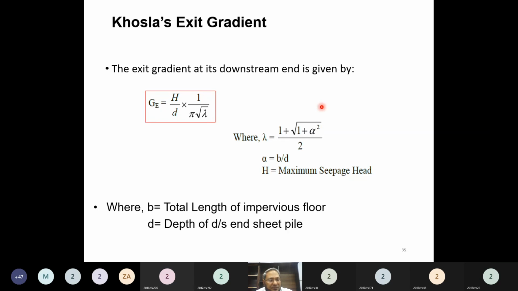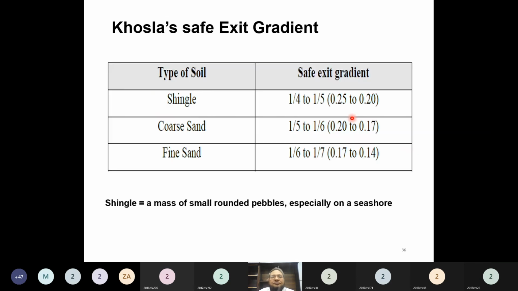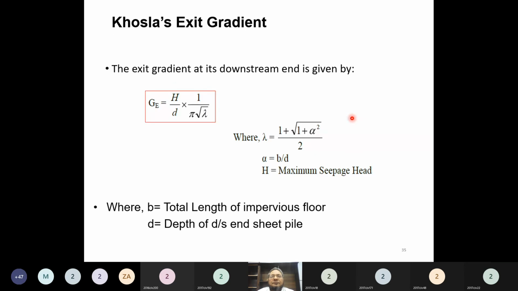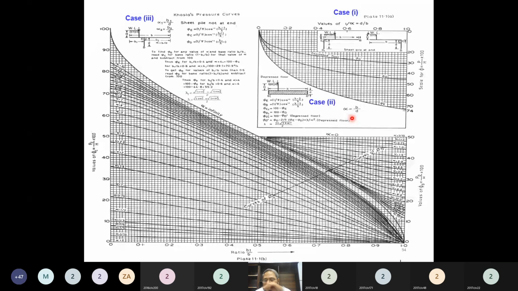So these are the concepts given by Khosla. The Khosla theory is more logical as compared to the previous two theories, that is Bligh's theory and Lane's theory, and that is why both these theories are not being used nowadays.